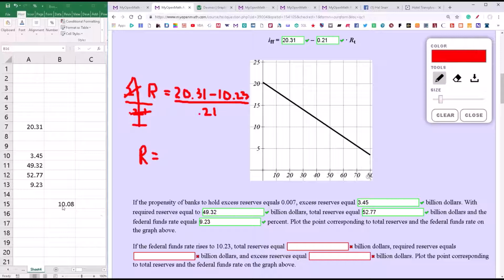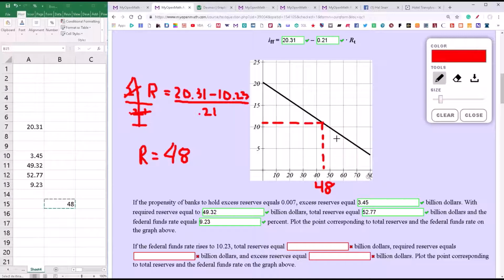So let's go over here to Excel. I'm going to take this difference here and then divide it by the slope of 0.21. And we get 48. Okay, so if the interest rate rises to 10.23, then we get a quantity of reserves equal to 48.